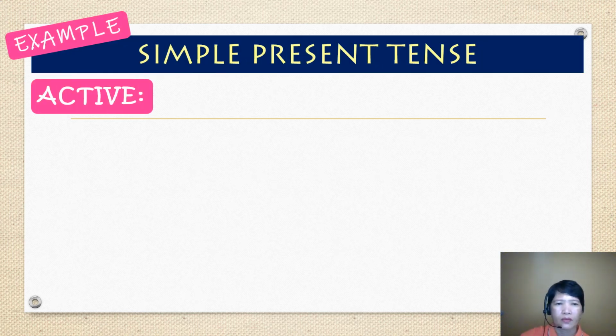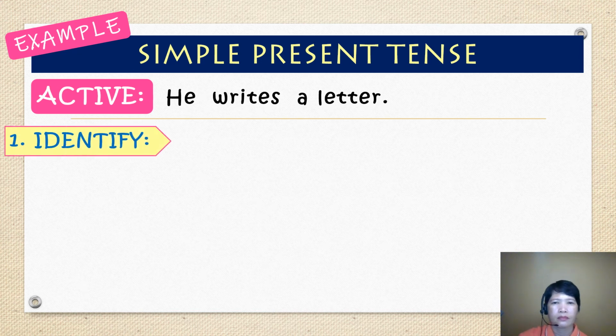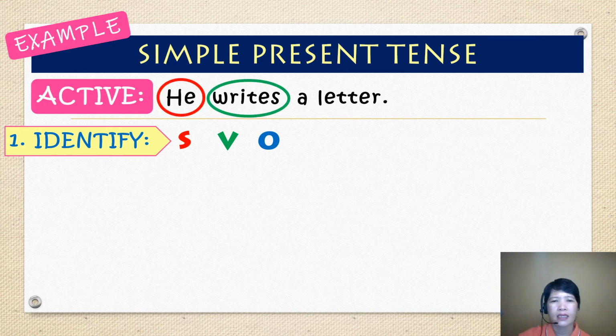We will transform the simple present tense first. Example: he writes a letter. First step, we need to identify the subject, the verb, and the object. So the subject here is he, the verb is write, the object is a letter.